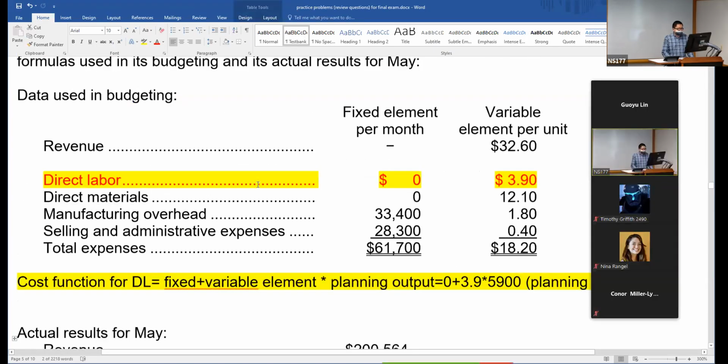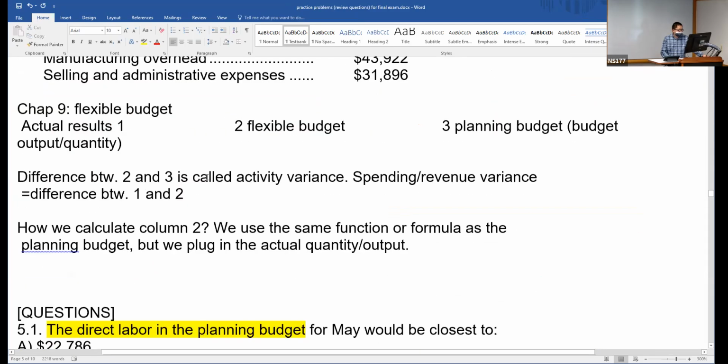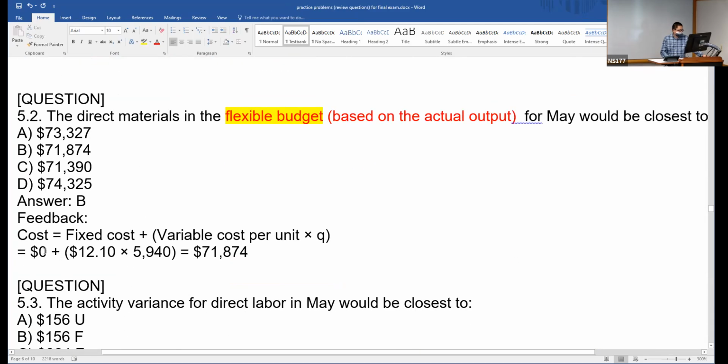Developed materials, the formula is 0 plus 12.1 multiplied by the number of units. And then here for quantity, we need to use the actual level of activity. So this is the difference. We need to plug in the 5,940 units. So in the second question, we plug in 0 here.